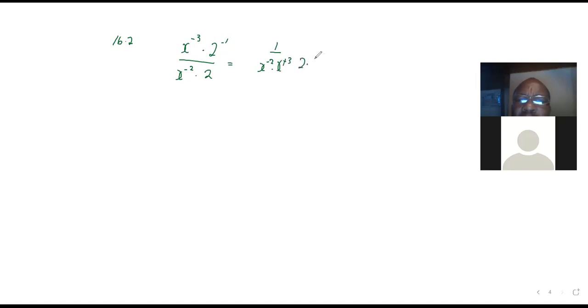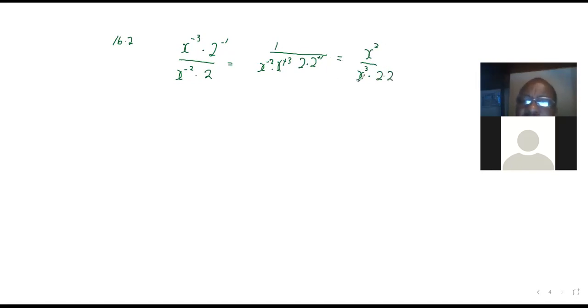If I take that one down again, it becomes positive. I've taken all the negative down. I can take the negative up again. This is going to be x squared into x cubed times 2 times 2.